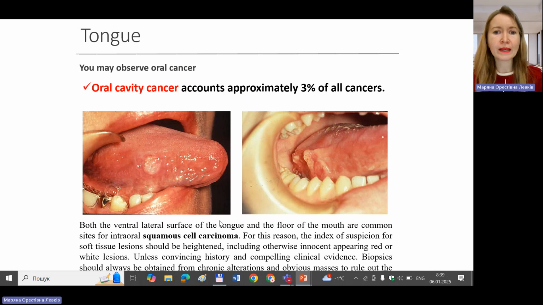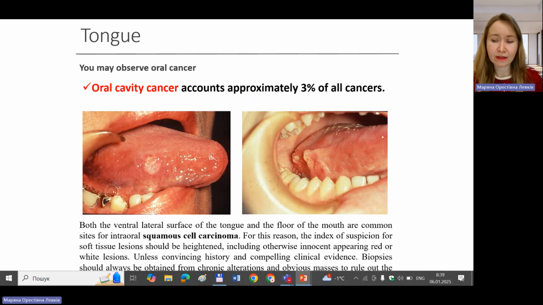As well, one can observe oral cancer. Oral cavity cancer accounts for approximately 3% of all cancers in the distribution of cancers. Both the ventral lateral surface of the tongue and the floor of the mouth are common sites for intraoral squamous cell carcinoma.